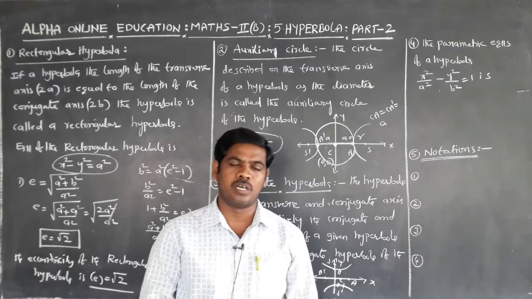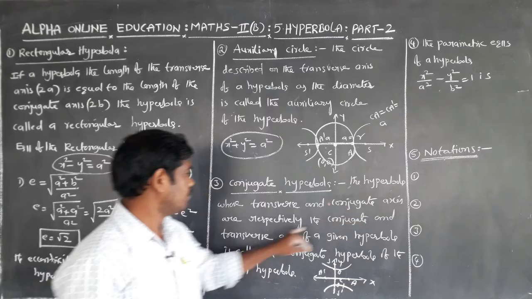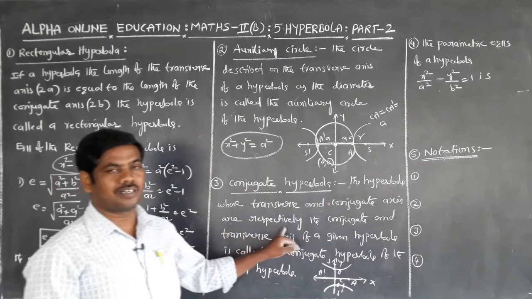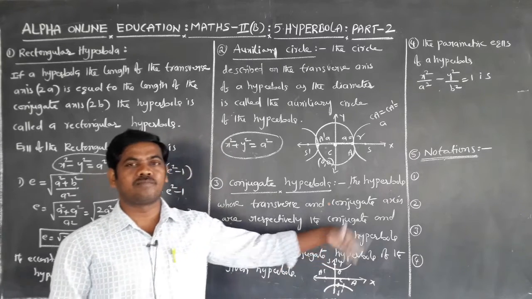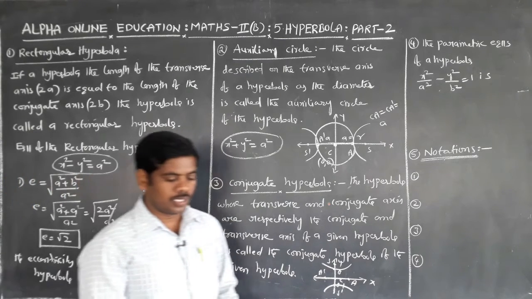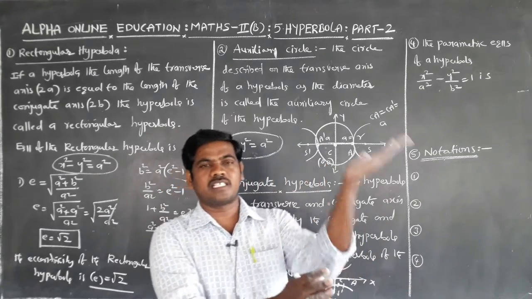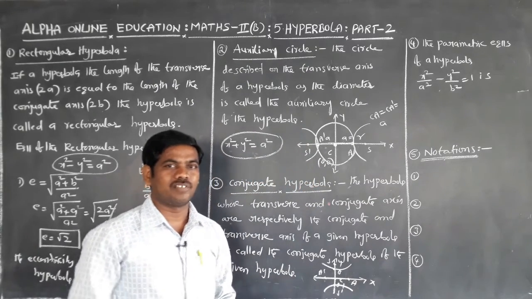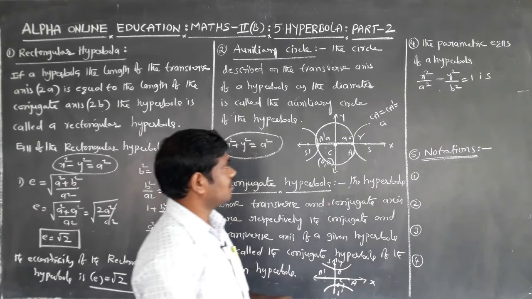The hyperbola whose transverse axis and conjugate axis are respectively the conjugate and transverse axis of a given hyperbola is called a conjugate hyperbola of the given hyperbola. This is the third definition.